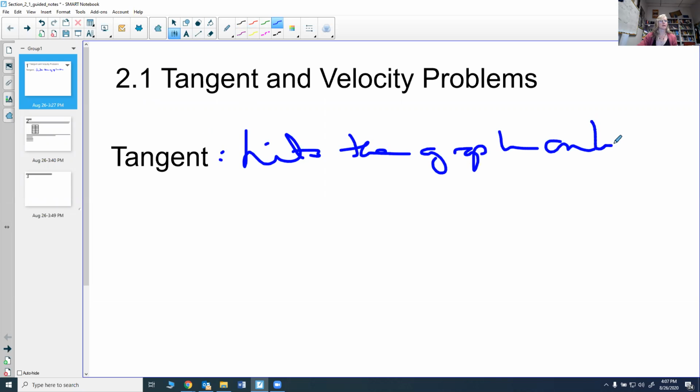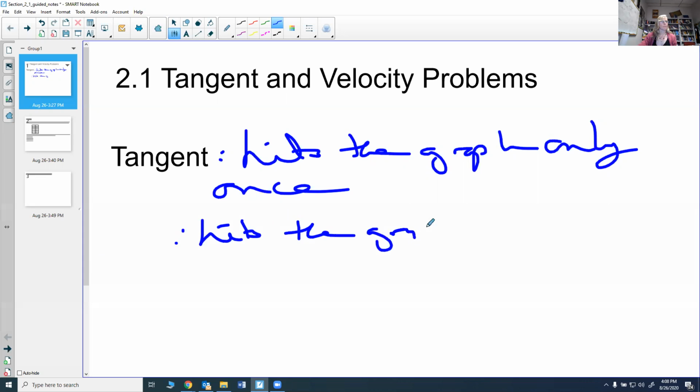Now that's a really poor definition, because it doesn't really explain what a tangent is, and it actually can hit more than once if you're far away from it. So really the definition of a tangent is that it hits the graph at one place and then follows the direction of the graph.